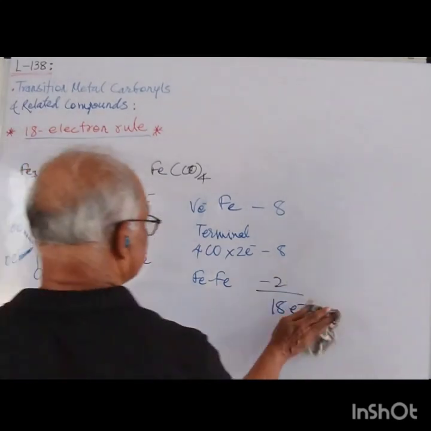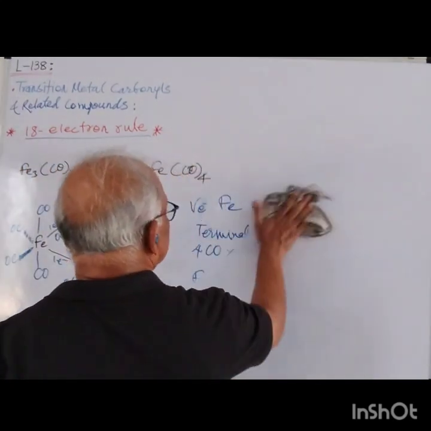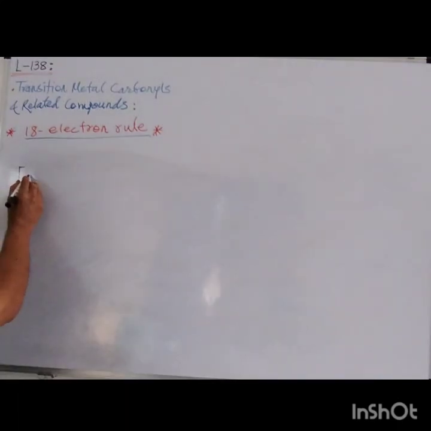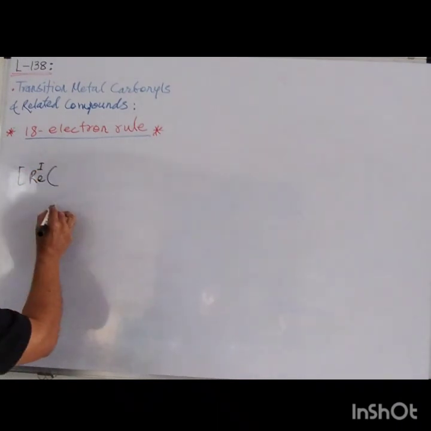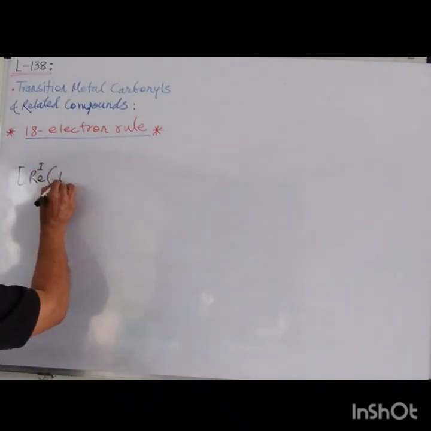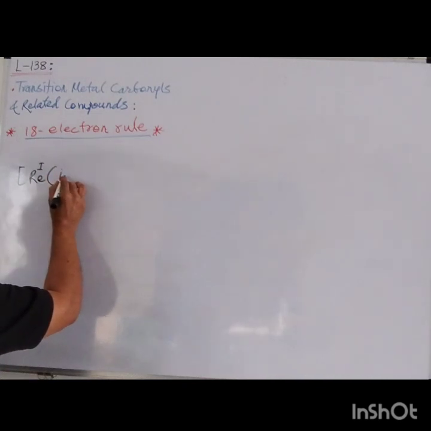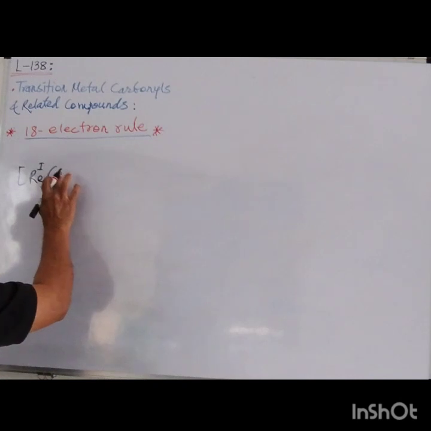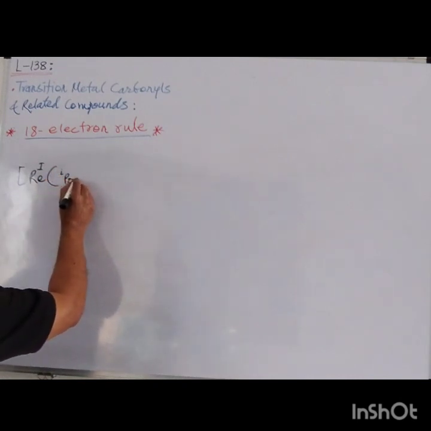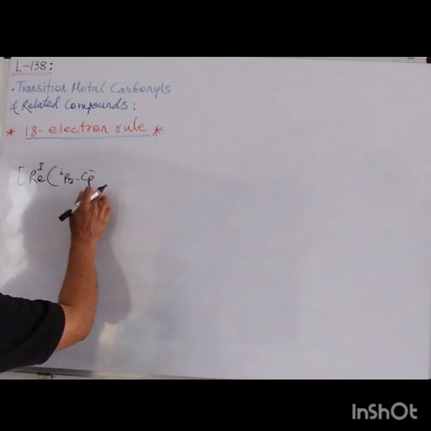Then we will consider another example. We can have this example as Re. Here Re is in +1 oxidation state. So Re is having this ligand isopropyl, and this cyclopentadiene with one negative charge on this.